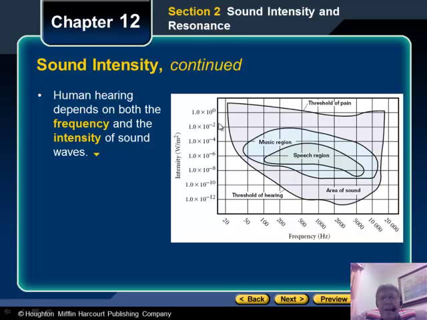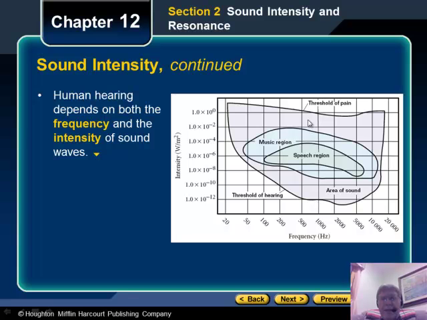Now this one, the intensity in watts per square meter: this 10 to the minus 12th watts per square meter is right around the threshold of hearing in the middle of the speech region, and so that's just a barely audible sound there.